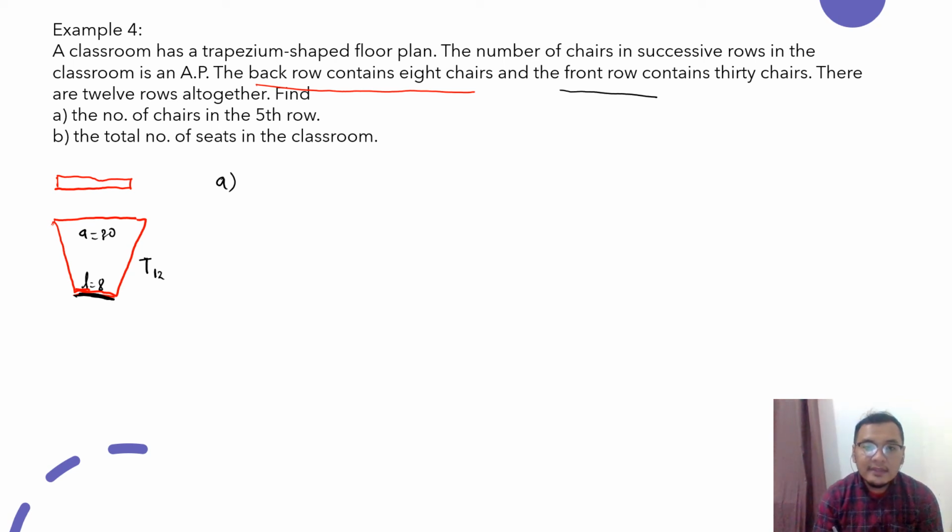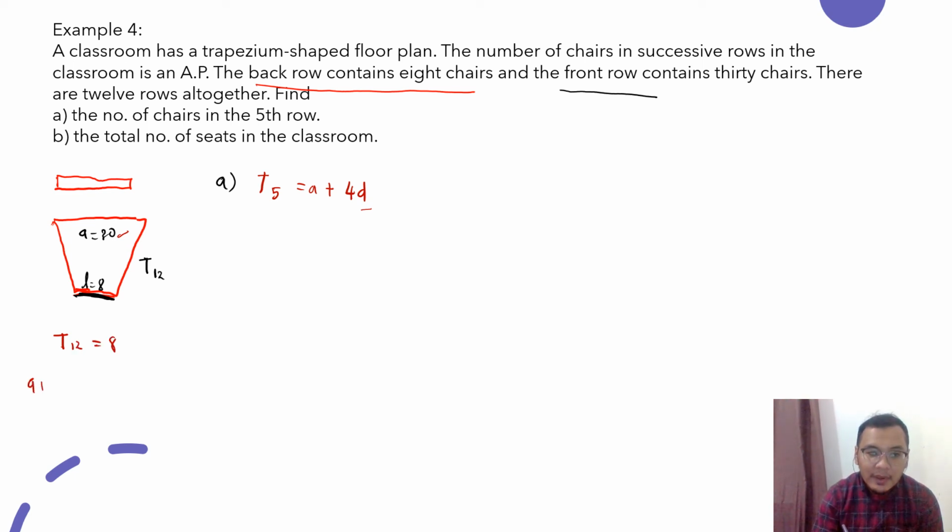The question asks us to find the number of chairs in the fifth row, which means we need to find T5. Using the formula of Tn, A plus n minus 1 D, n is 5, so 5 minus 1 is 4D. We have A equal to 30 but we don't have D. However, we have T12, the last term, equal to 8.